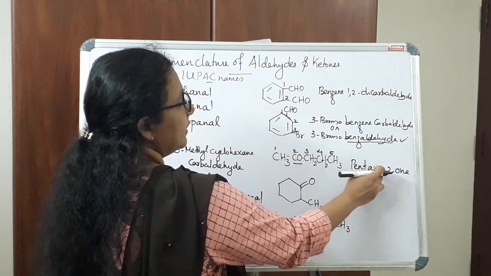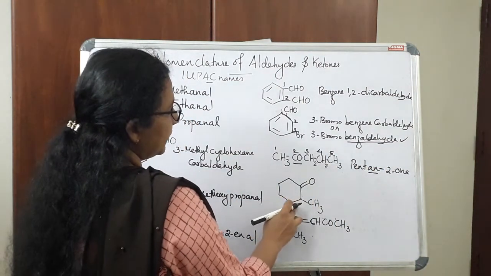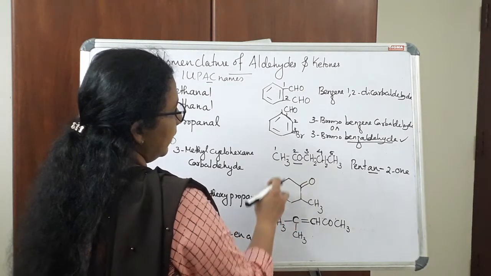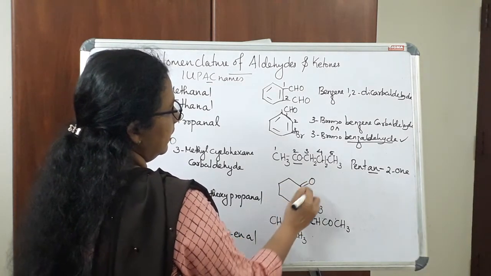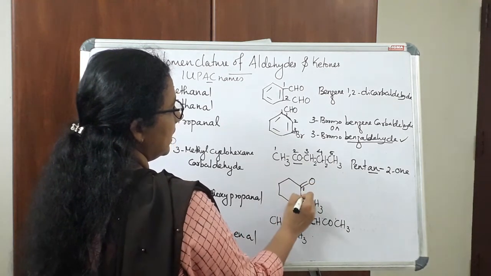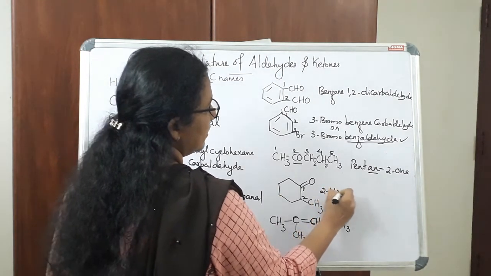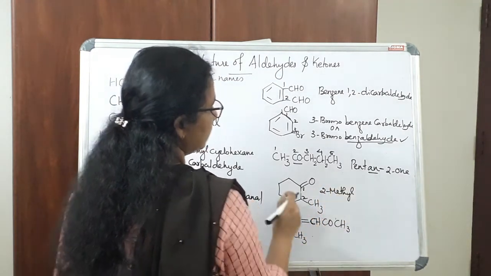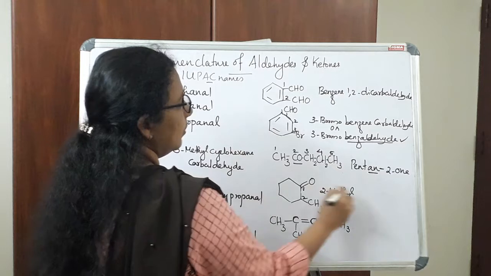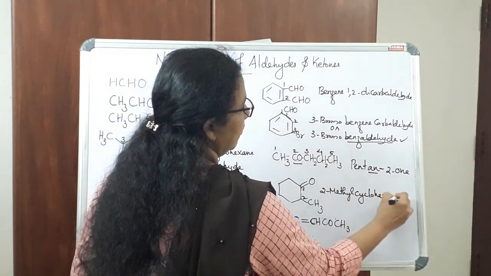So pentan-2-one, that is the IUPAC name. Next one is a cyclohexanone, and this CO is the first position, and this will be the second position. So 2-methyl cyclohexanone.